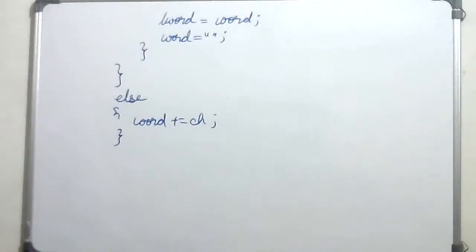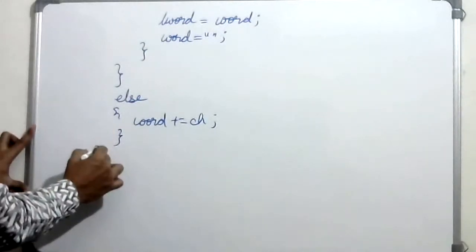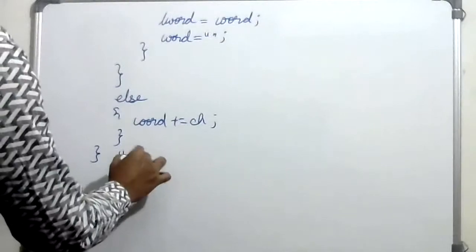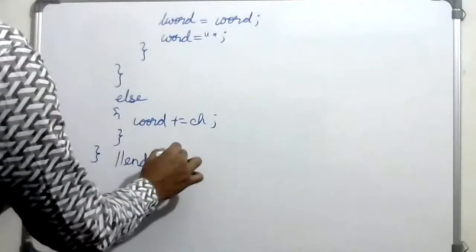Now, after the else part, the for loop ends here. That's the end of the for loop.